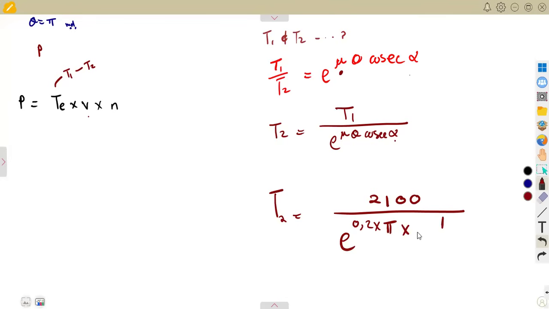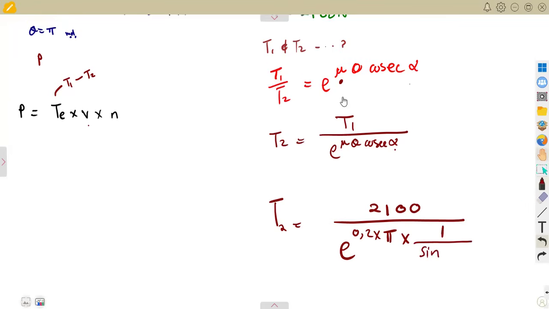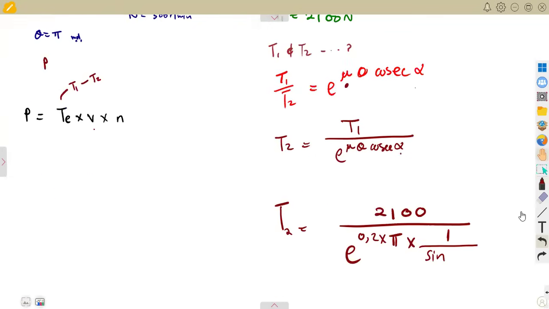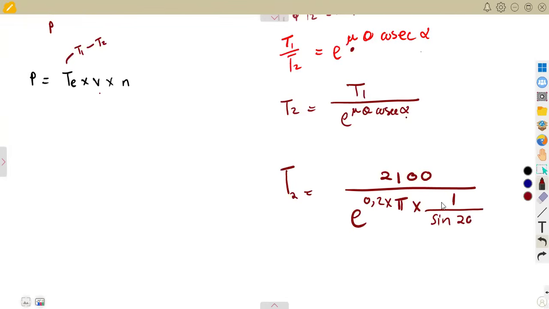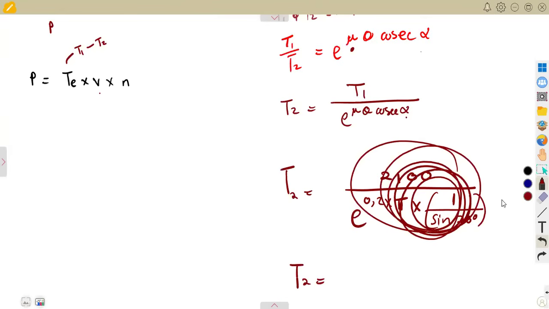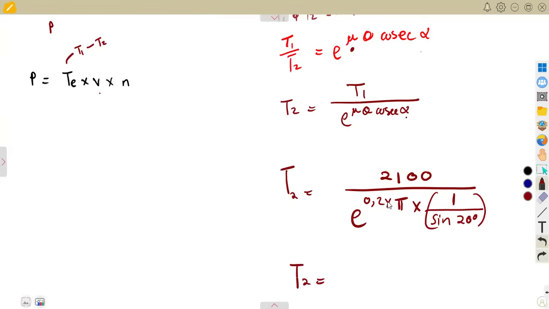Alpha is in degrees, and cosec is 1 over sine, so it is 1 over sine of alpha, the half groove angle, which is 20 degrees. So you use the half groove angle, 20 degrees. When you are calculating, your calculator must be in degrees here. We are going to obtain our T2, which is going to be something like 334.501 Newton.